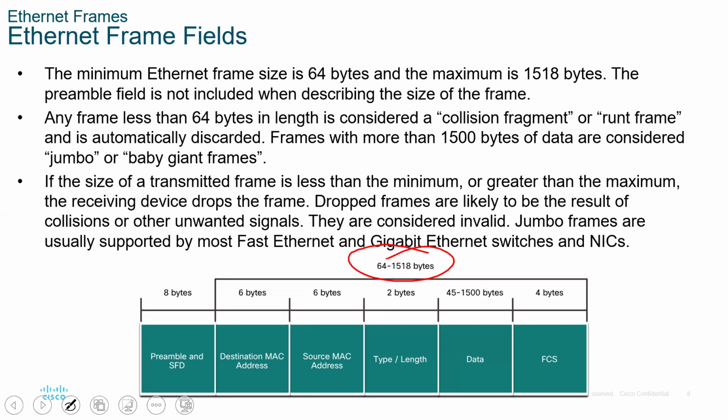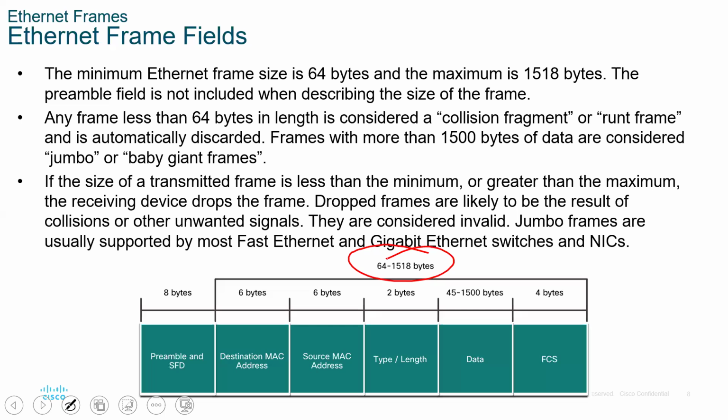They are considered invalid. So jumbo frames are usually supported by most Fast Ethernet and Gigabit Ethernet switches and network interface cards. Okay, so that particular size is very, very important. And that is why you see it is specified in the frame size.